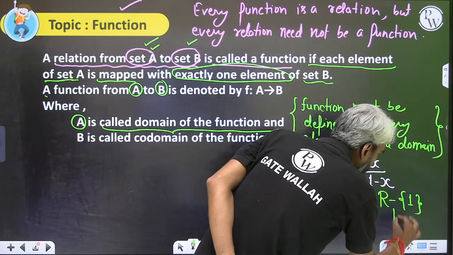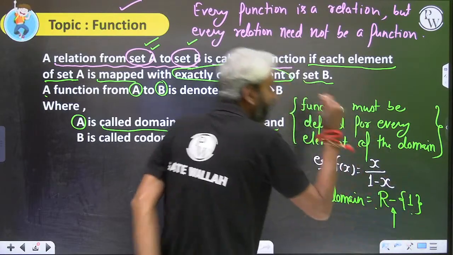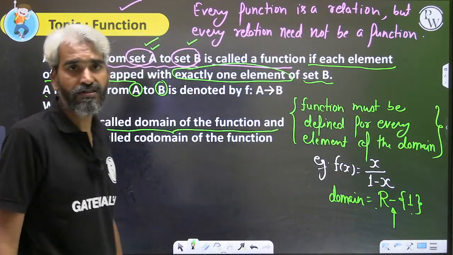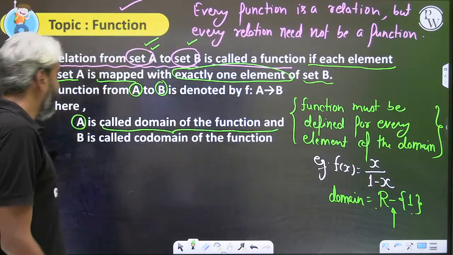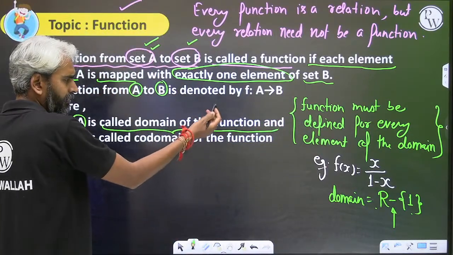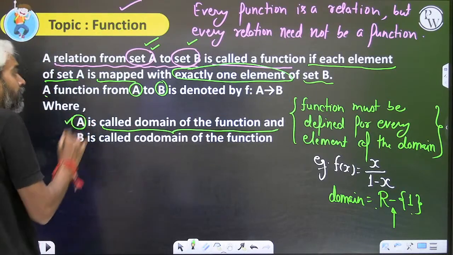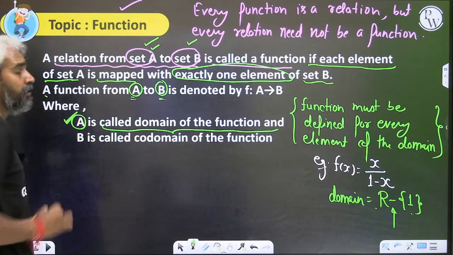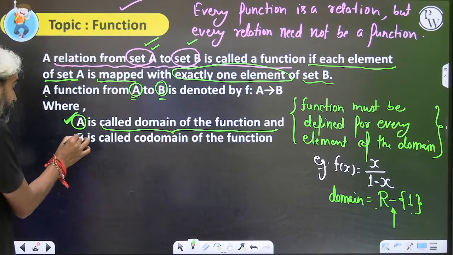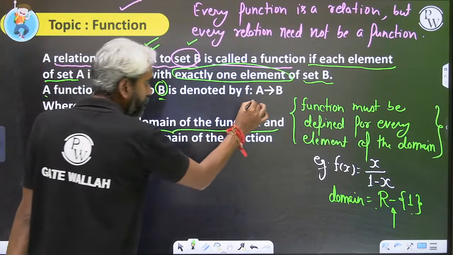This is the set difference. From the set of all real numbers, subtract 1 and you will get the domain of this particular function. So, this is the basic definition, that the set of elements for which the function is defined will be called the domain. If you are defining a function from set A to set B, then A will be called the domain of the function and set B will be called the codomain of the function. How do we denote a function from A to B?